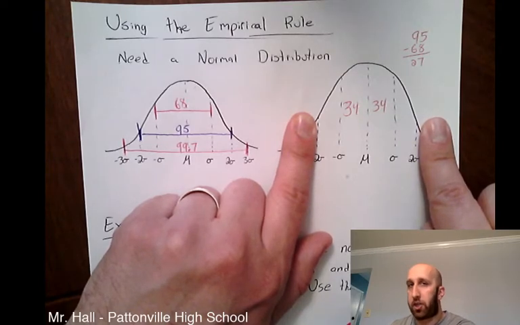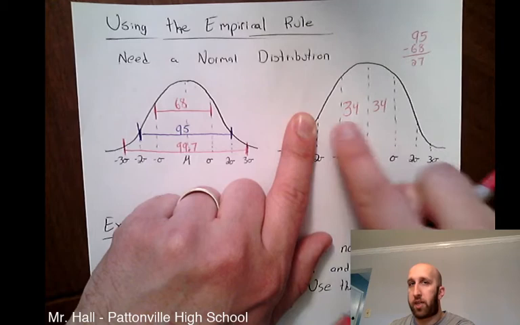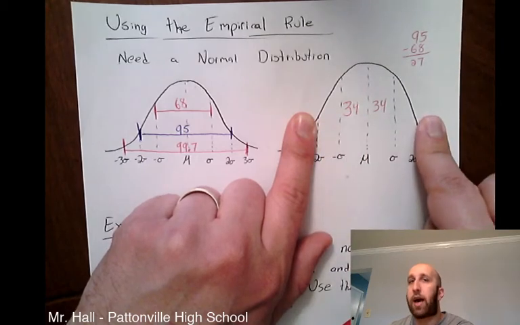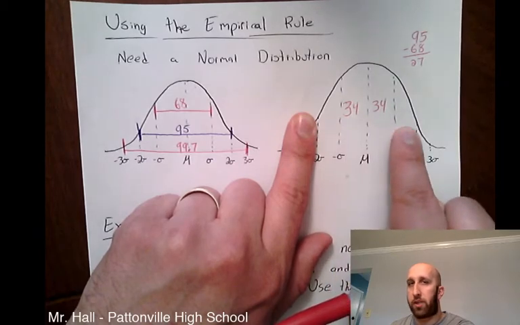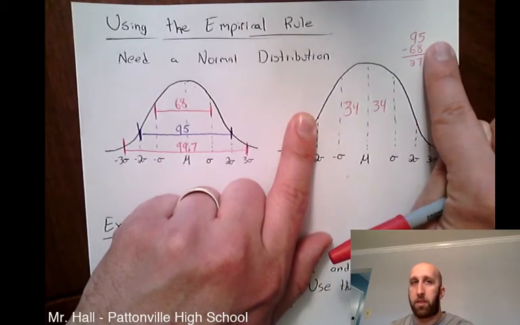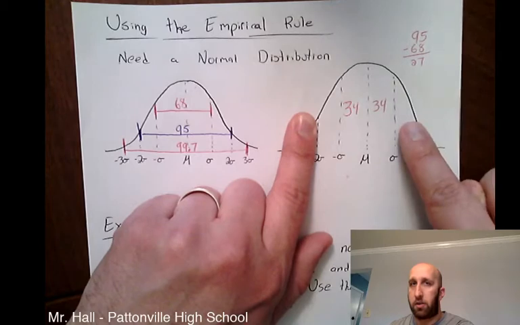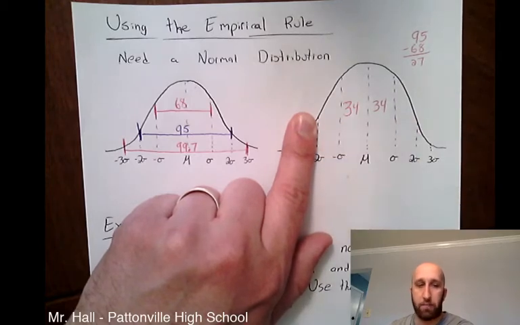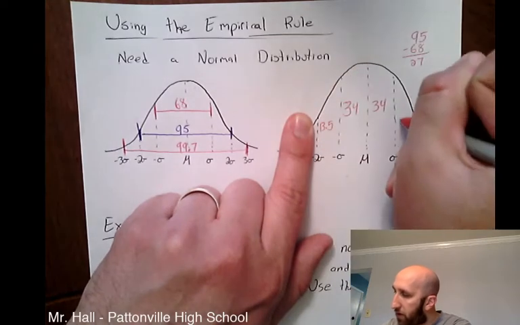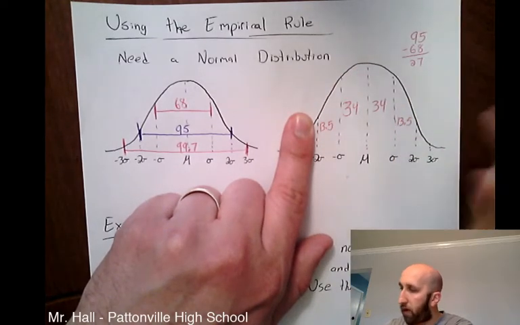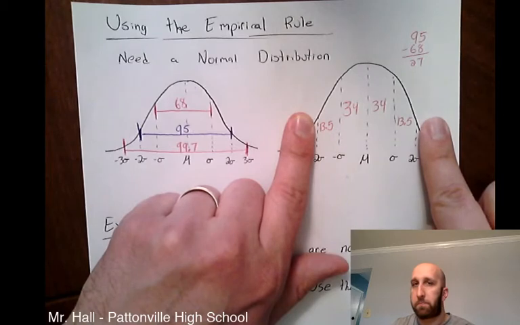This right section plus this left section should add up to 27%, because then all four of these sections add up to 95%. If we take that 27% and divide it by 2, you get 13.5% over here and 13.5% over there.